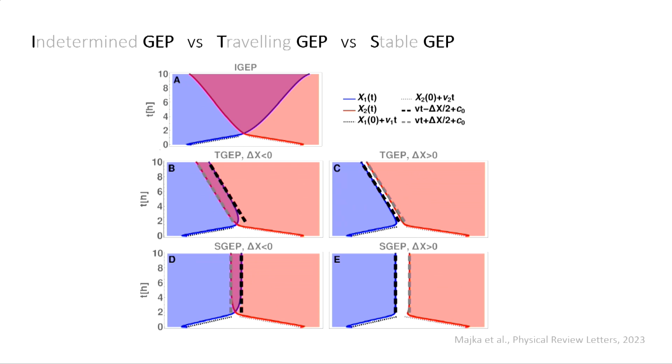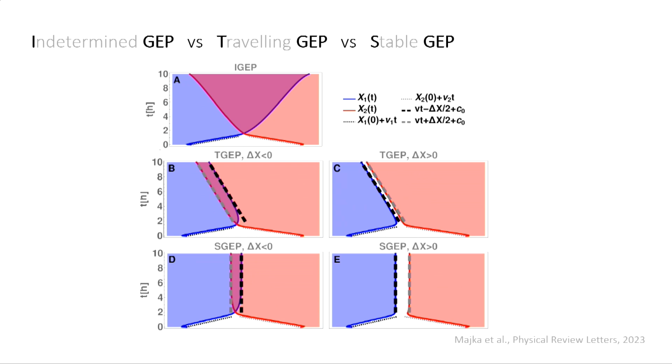What can happen is you can either have what we call an indeterminate gene expression pattern, where they just go through each other, they don't care. They could also hit each other and move in a kind of wave-like fashion with a constant velocity in one direction, or they could make a stable pattern.